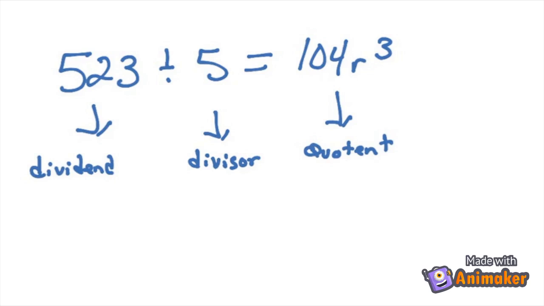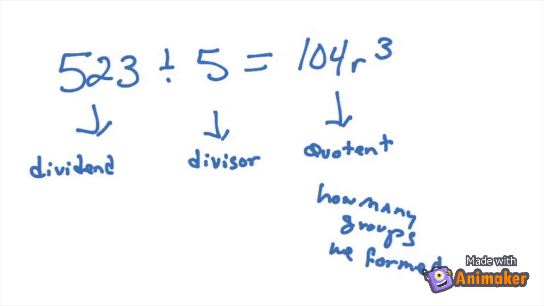Now, if I look at the quotient, that is the answer, or how many groups we were able to come up with. And the divisor is how many groups we're dividing by.